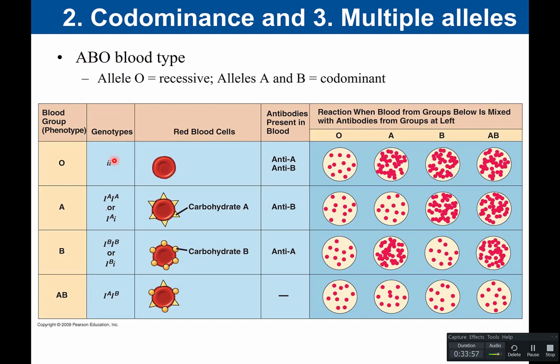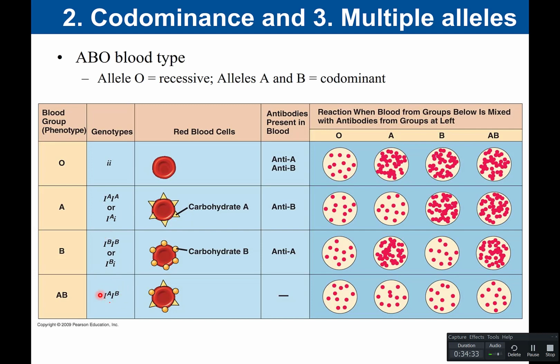The A allele is written as a capital I with an A next to it, because that allele is dominant over O. The B allele is written as a capital I with a B next to it. In this notation, the A and the B are dominant over O, which is why they're given a capital I, but the A and the B are codominant. So that's why they're both written with a capital.